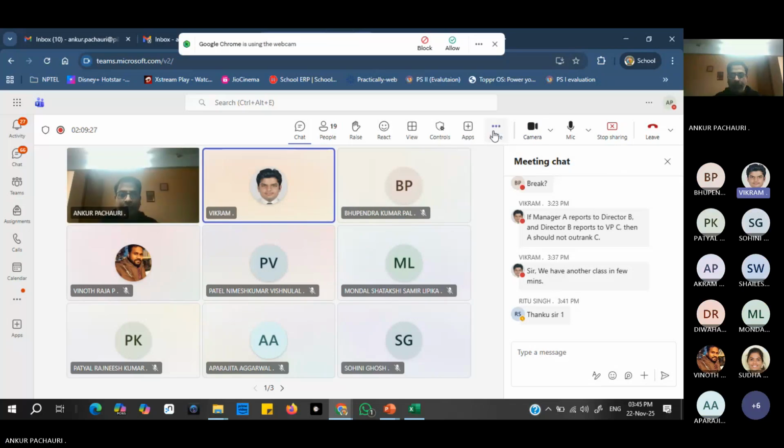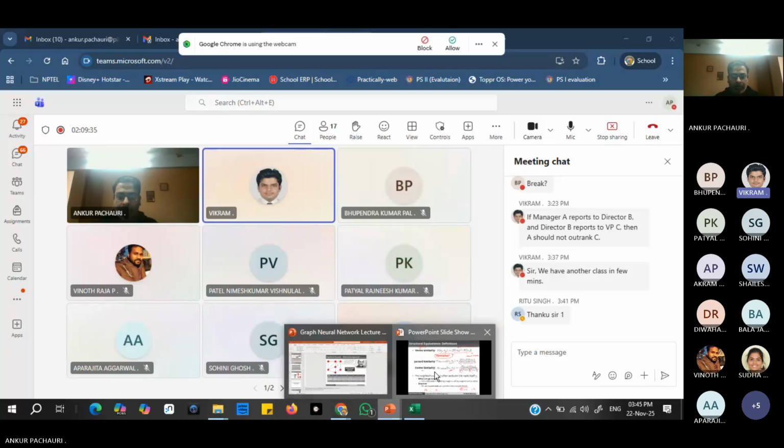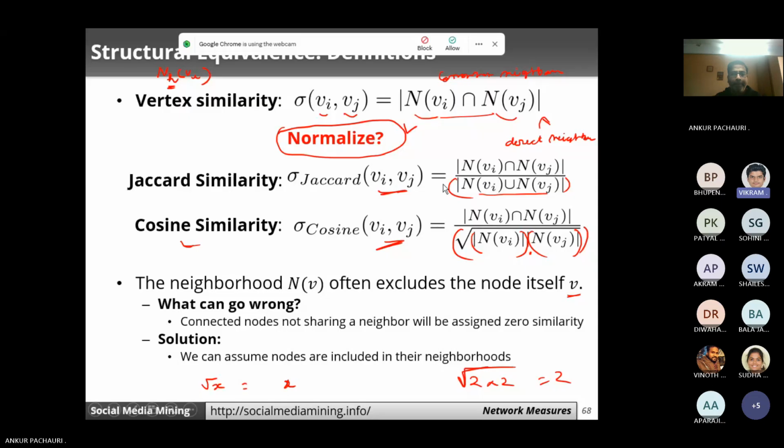My inference is that cosine focuses on the size of the neighborhood, and Jaccard on the size of the complete set. Yes, Jaccard is the size of the complete set of neighbors, which may be common neighbors or their individual neighbors, whereas cosine is the product of the individual sizes of the neighborhoods. Got it.